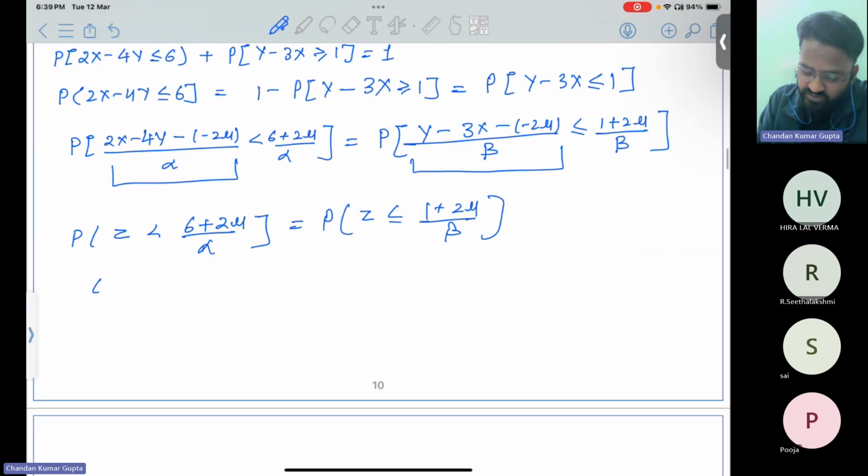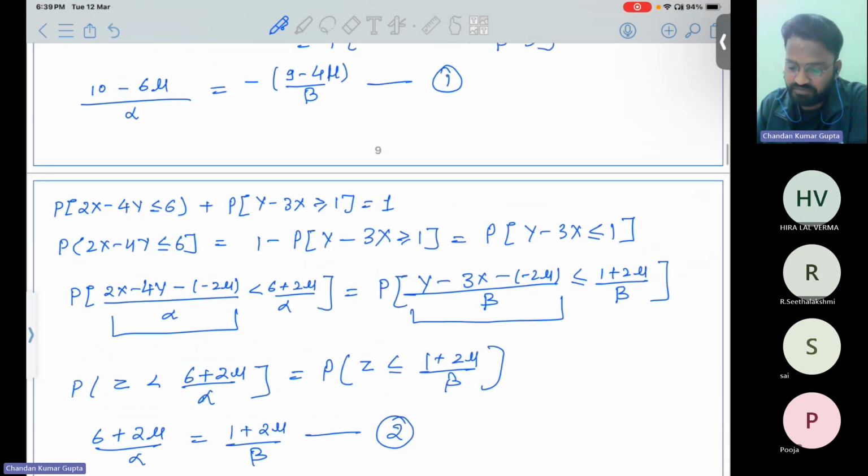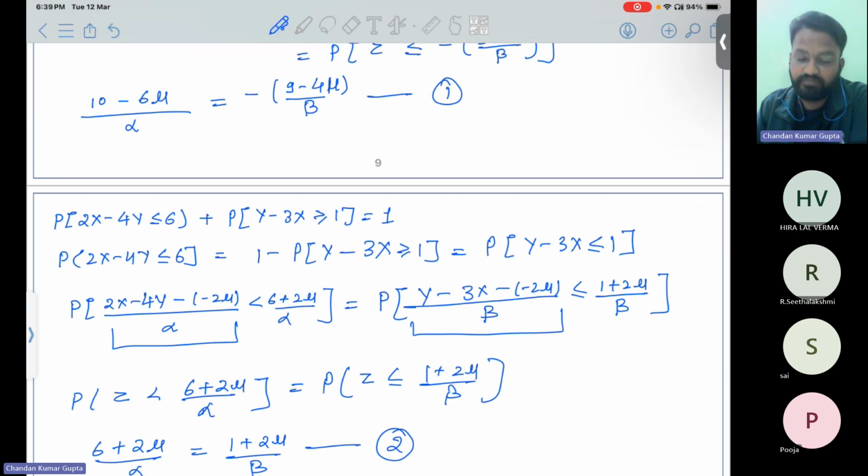Comparing these two, 6 plus 2 mu upon alpha equals 1 plus 2 mu upon beta. So we have two equations in three variables: alpha, beta, and mu.